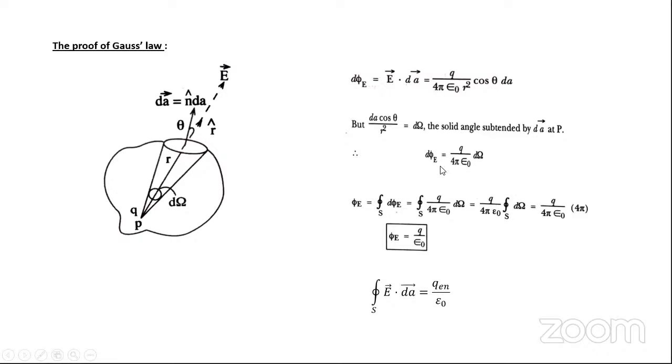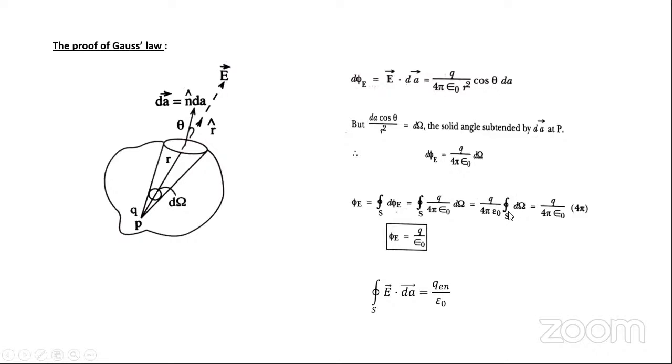Okay, so the total outward flux φE we can calculate by taking the integration over the complete closed surface. So you have the closed surface integral of dφE over S. You substitute for dφE, Q divided by 4 pi epsilon 0 into d omega, and as Q is constant and 4 pi epsilon 0 is constant, you can take them outside the integration and take the closed surface integral of d omega.